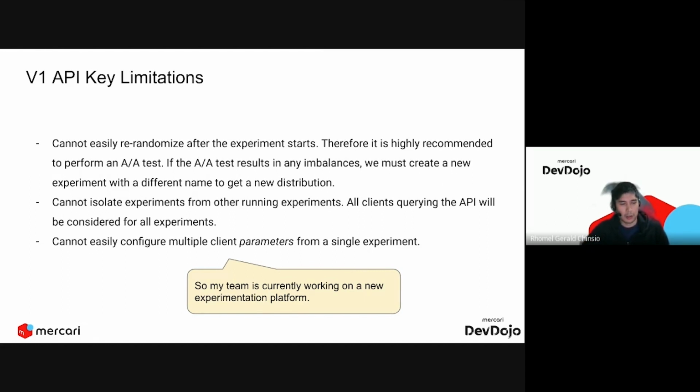So the other big one is that each experiment is running at the same time as all other experiments. For example, let's say the listing team is trying out some new listing features. Meanwhile, the search team is running some experiments on search results or the search page.